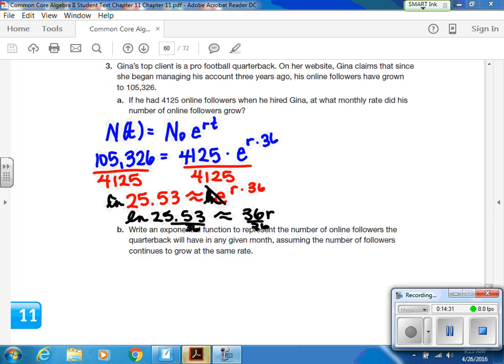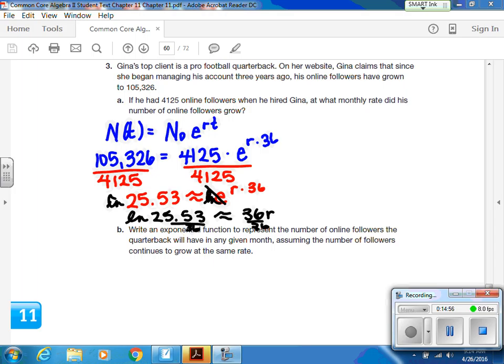Okay. So when I put this in my calculator, I'm going to hit natural log of the answer, and I want to keep that long answer in my calculator. Always round on the very, very, very last step, because as soon as you start rounding, your answer starts getting more and more off. Okay? What am I dividing by again?